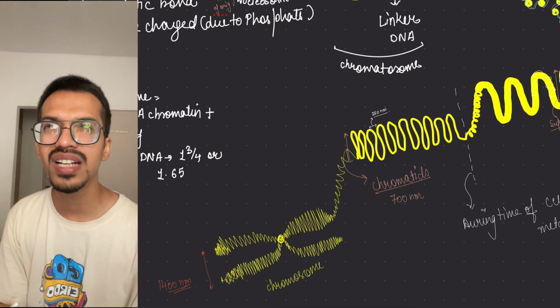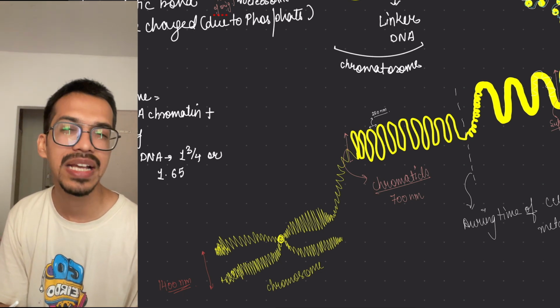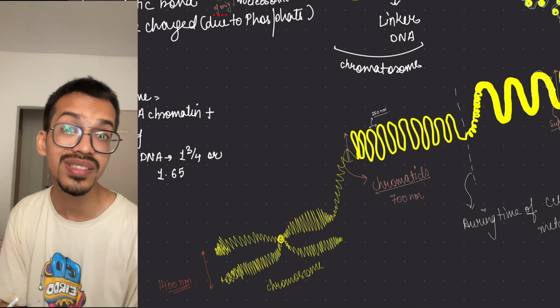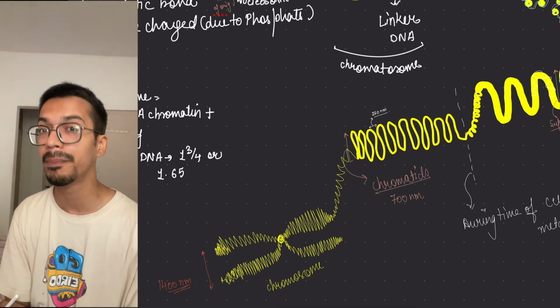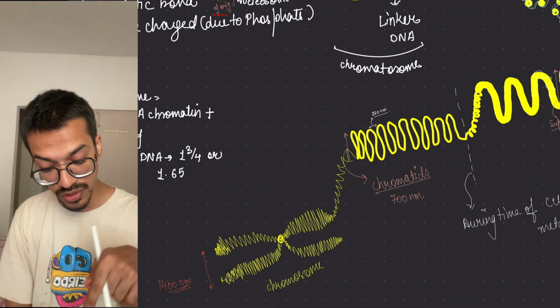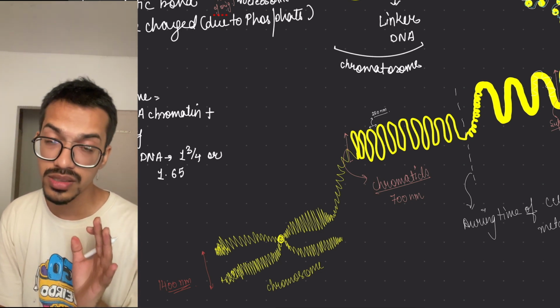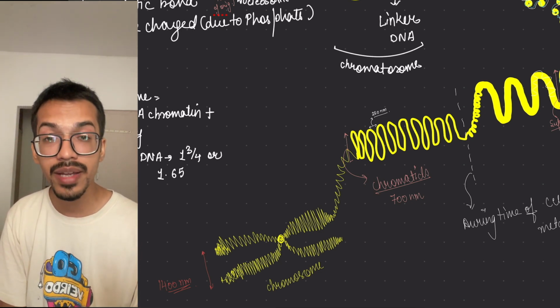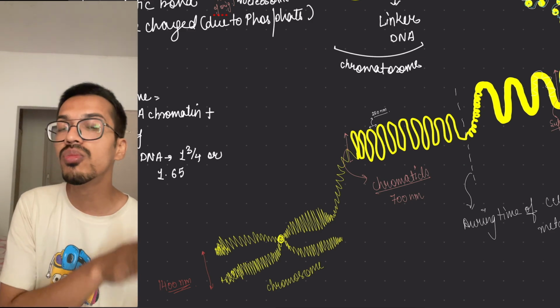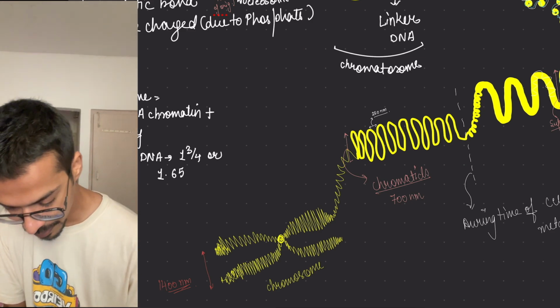Now the question is: sir, why is this much compaction taking place? Because the size is getting reduced, so they have to compact it more. And during cell division, more non-histone proteins come into it, which we call non-histone chromosomal proteins.